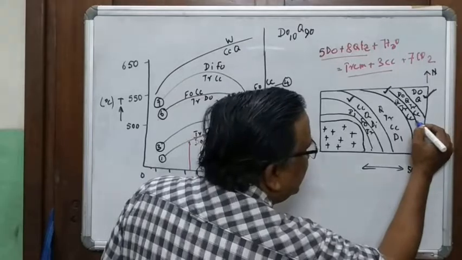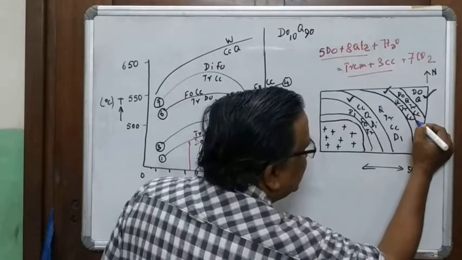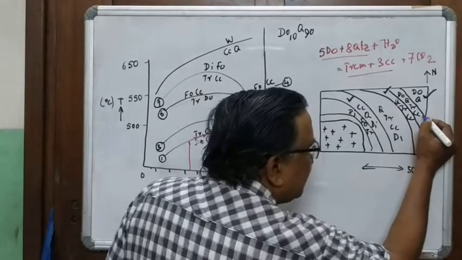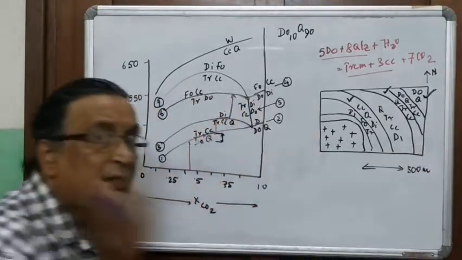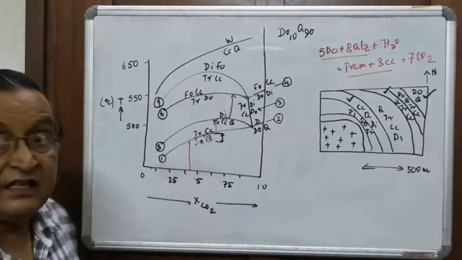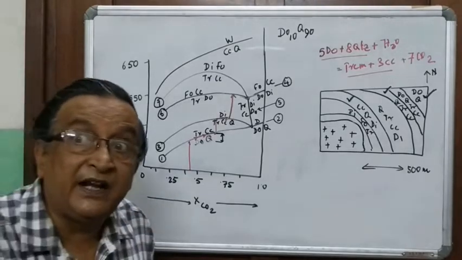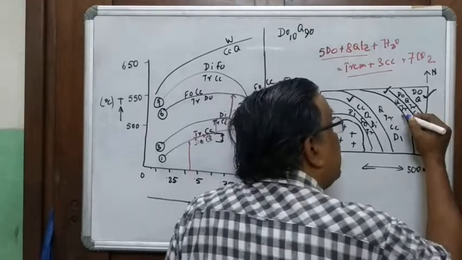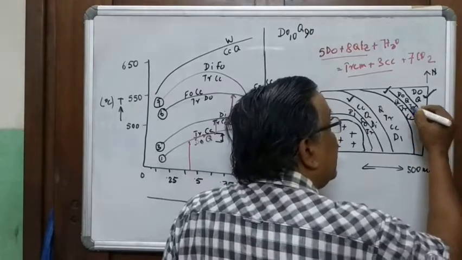From here to here, quartz is decreasing. But from this side, tremolite and calcite is increasing.